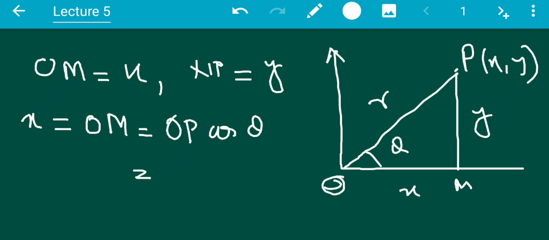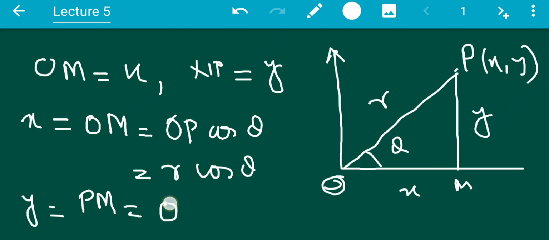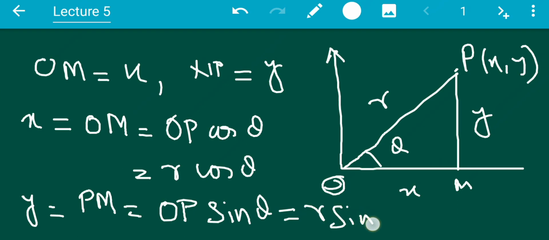Now this is nothing but r cos theta, and y is nothing but PM, which is nothing but OP sin theta. This is nothing but r sin theta.